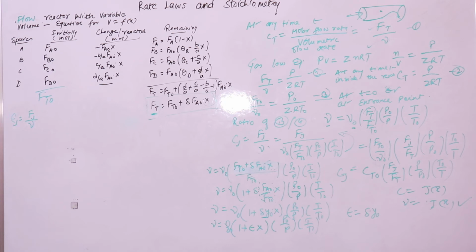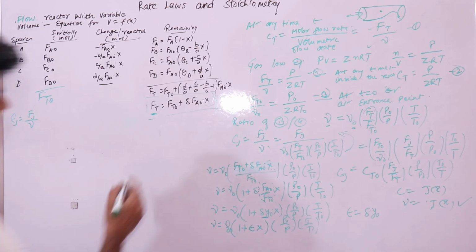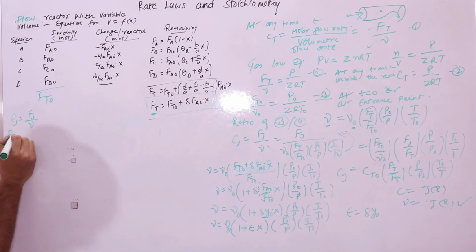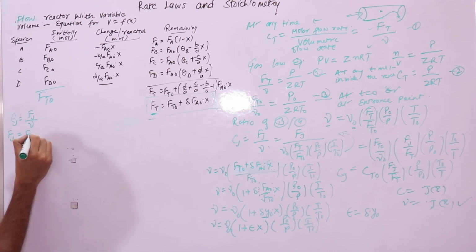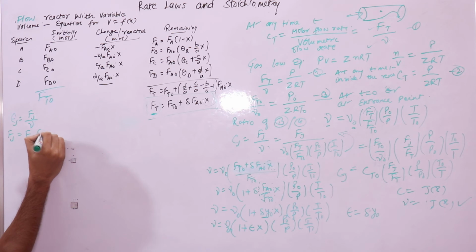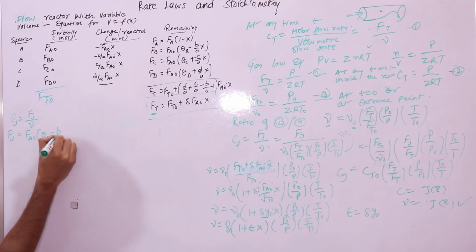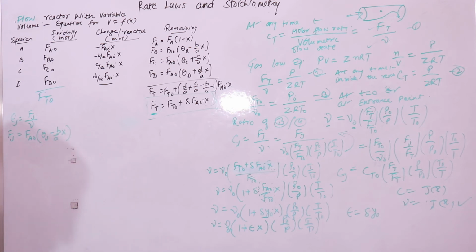So molar flow rate for any species J would be Fj equals FA0 theta j minus b upon a x, right? This is molar flow rate for any species J.